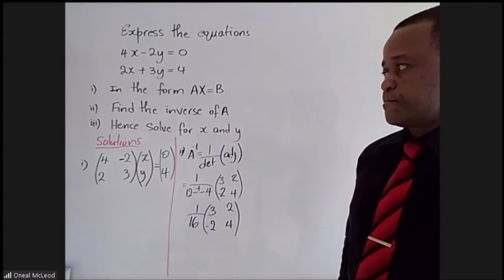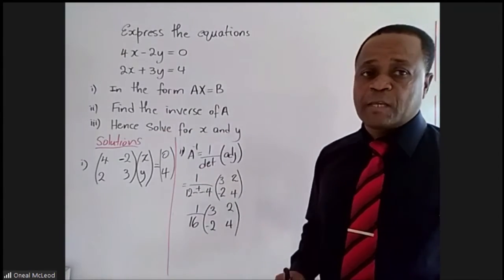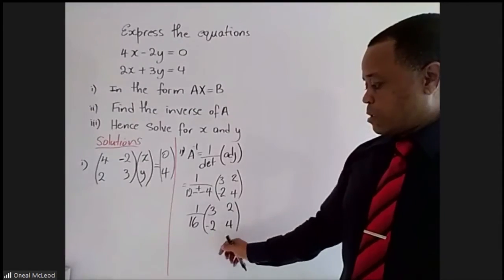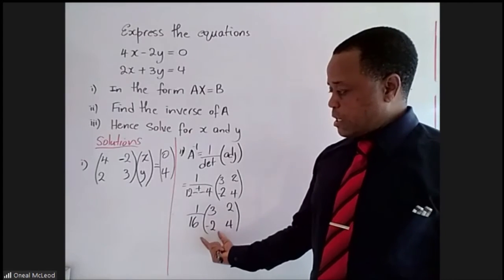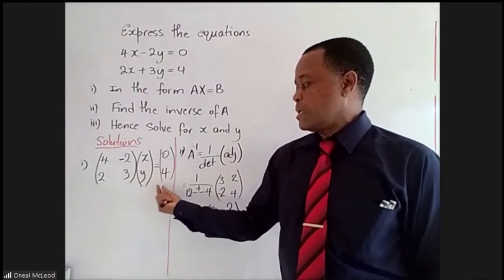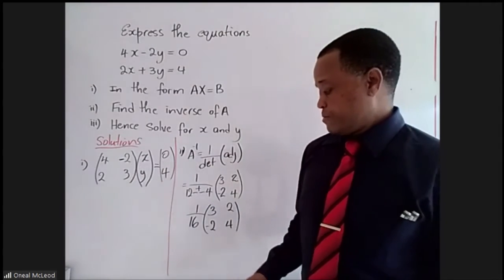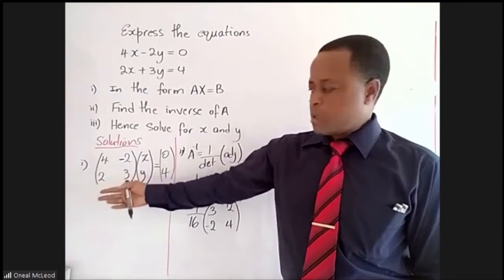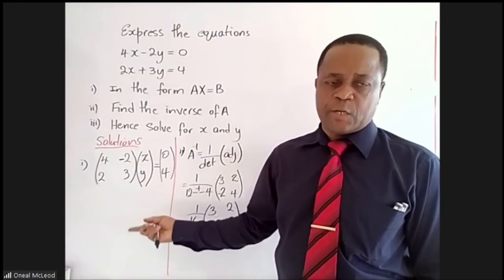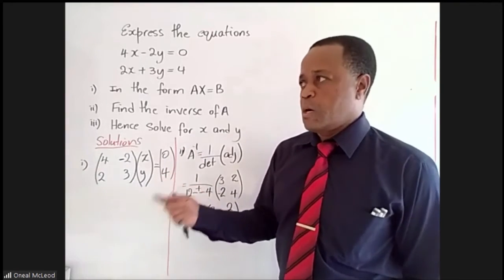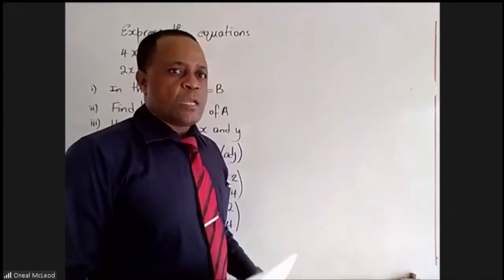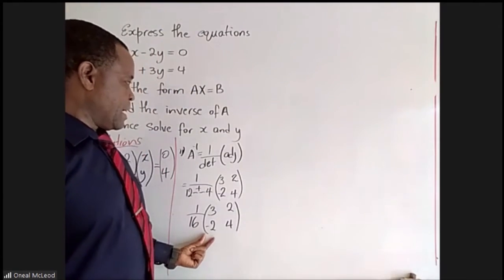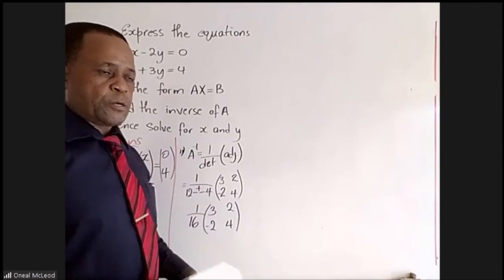Step 3, we're now going to have to solve the equation. Now, to solve the equation here, remember what we're supposed to be doing now is use the inverse to multiply both sides of the equation. Now, I know what you know, that the left-hand side will work out to just give you the variable matrix. We all know that already. So all I need to do now, students, is just to use my inverse here to multiply my constant term.